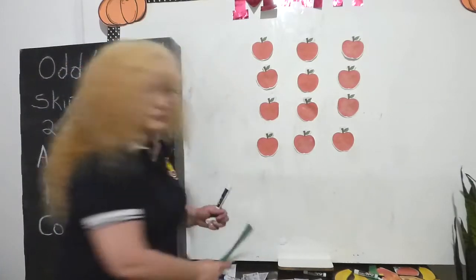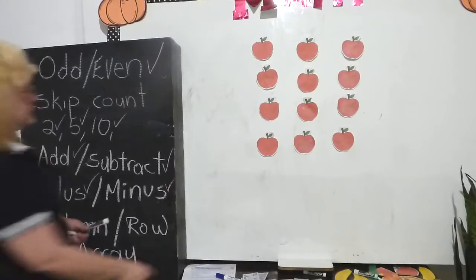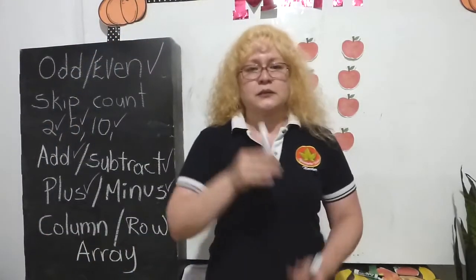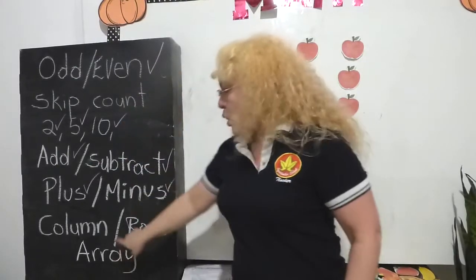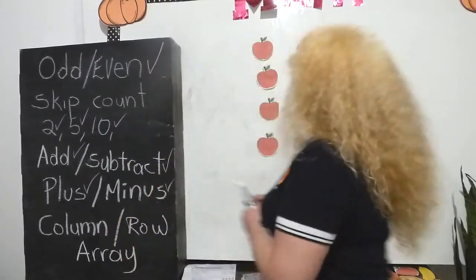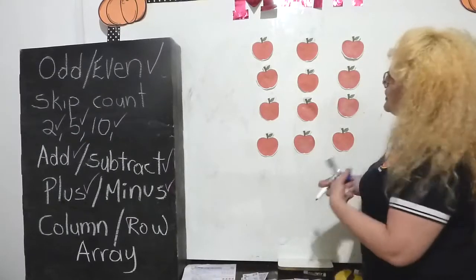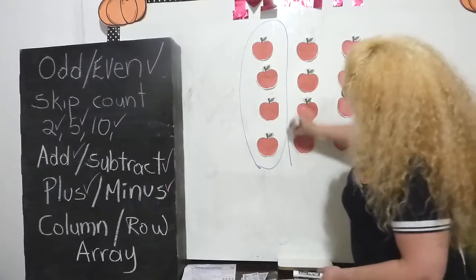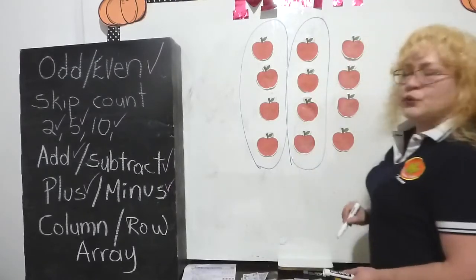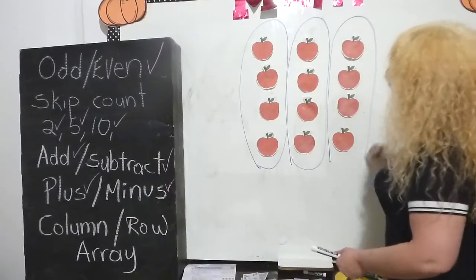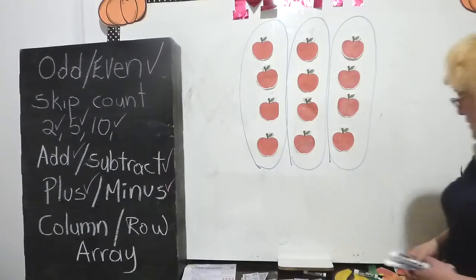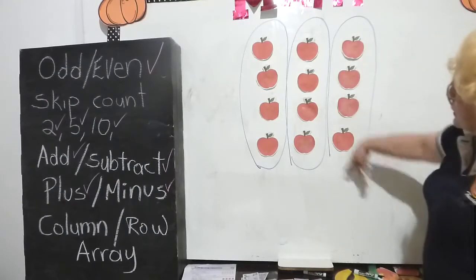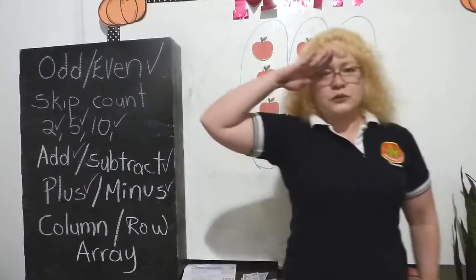Okay. A column is this way, straight like a soldier. Column. So, how many columns do I have here? I have 1, 2, 3. 3 columns. Okay? Get it? Column. Straight. Soldier.